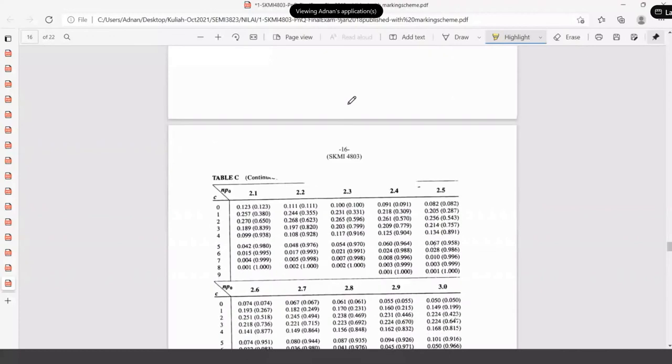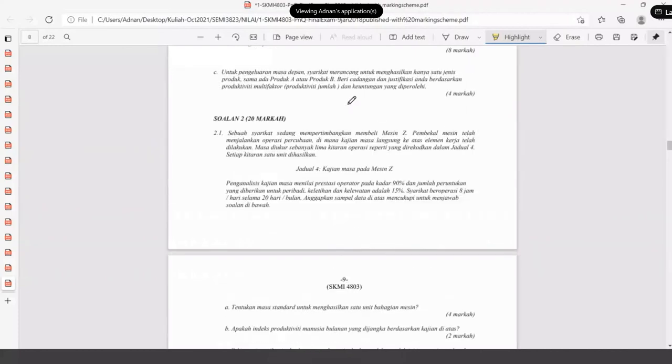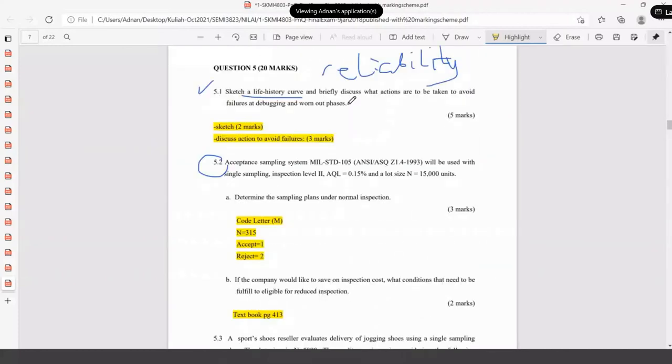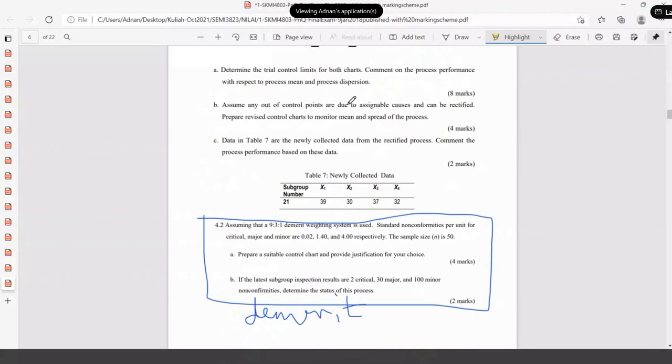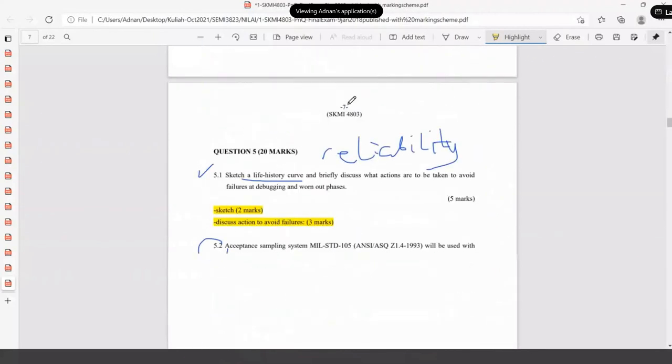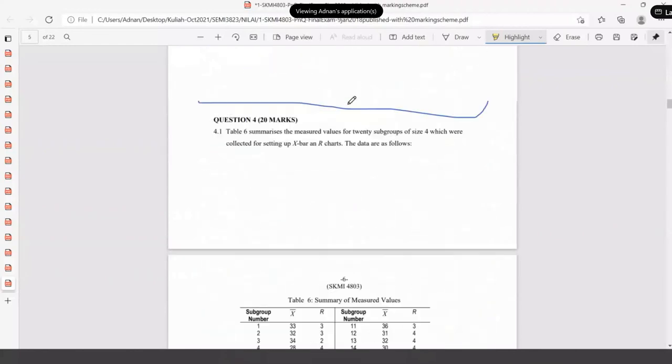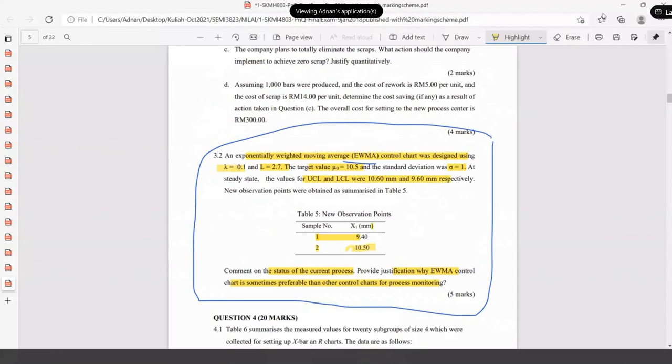Okay, solution is not here. Okay, 3.2, let me find the solution.